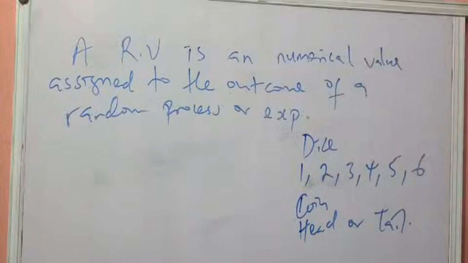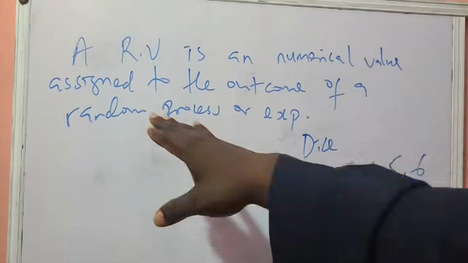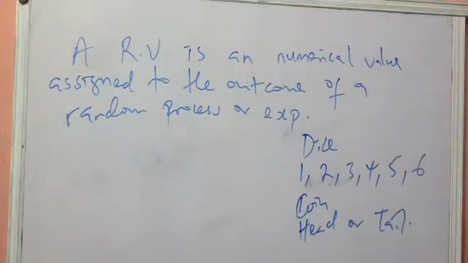Now, when dealing with random experiments, the word random there means that everything is by chance. So we don't have a predefined outcome when we're dealing with a random experiment. Once there is a predefined outcome, we're no longer dealing with a random experiment.